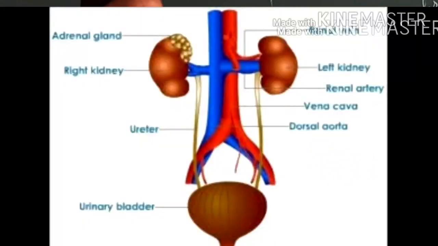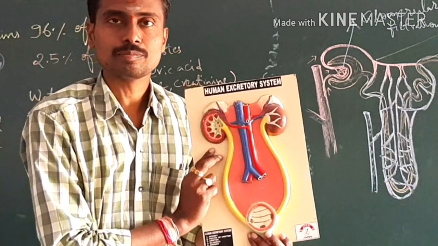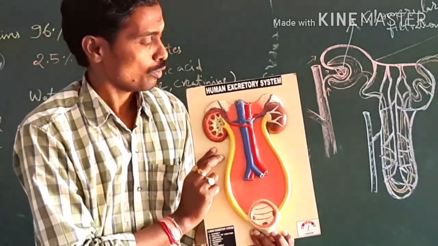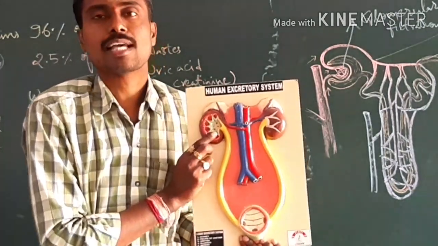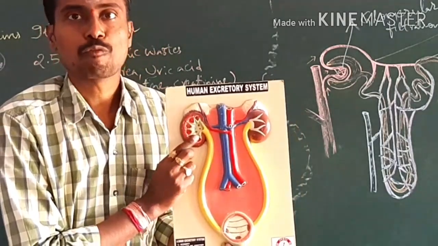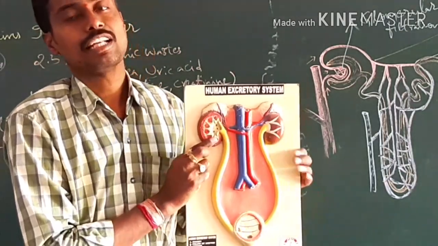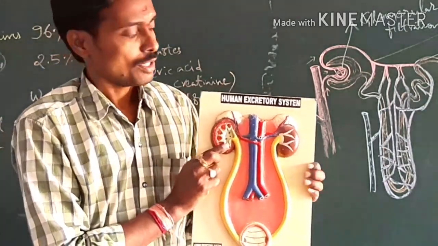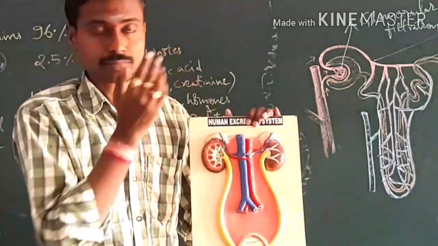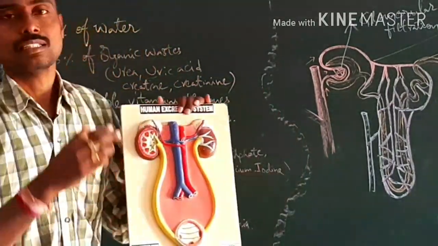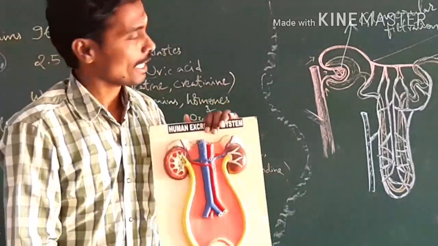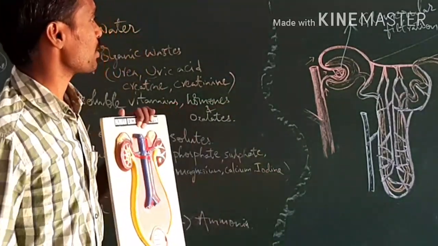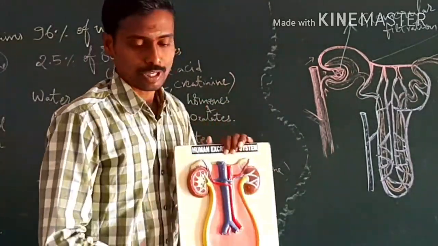So inside the kidney, we do observe numerous nephrons. Each kidney comprises around 1.3 to 1.8 million nephrons. We already discussed the structure of the nephron in the previous class. Once again, let us recapitulate the structure of the nephron.